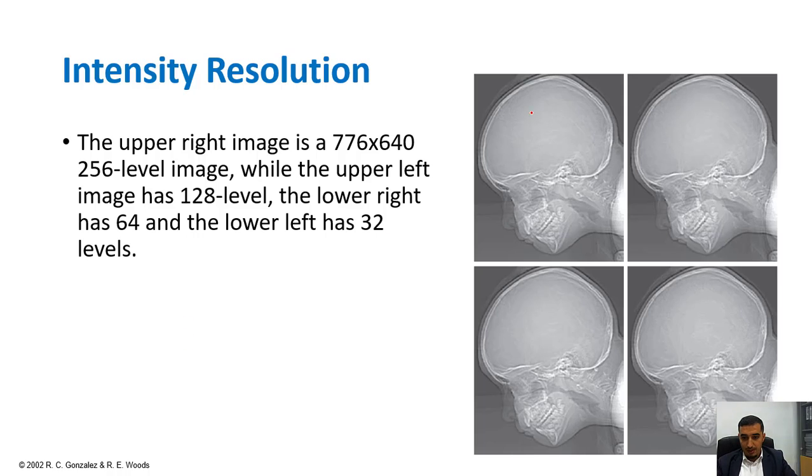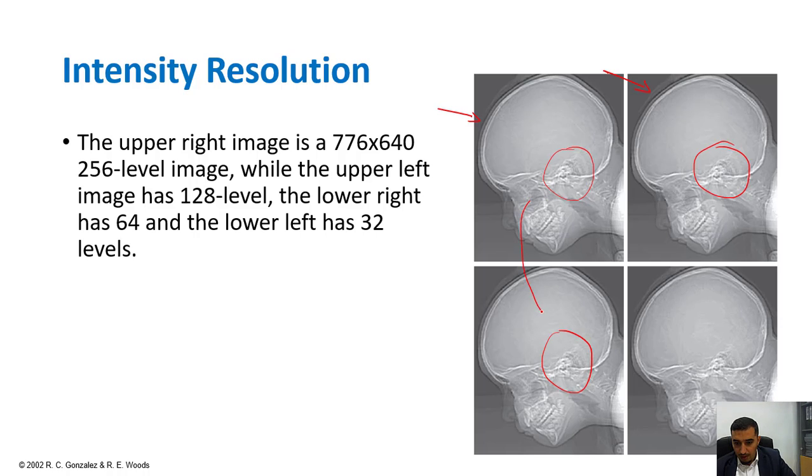Here are some examples. You can see here we are using 256 levels. Here we are using 128. You cannot really see the difference, but over here you can start to see that we are losing some information. This is 64.